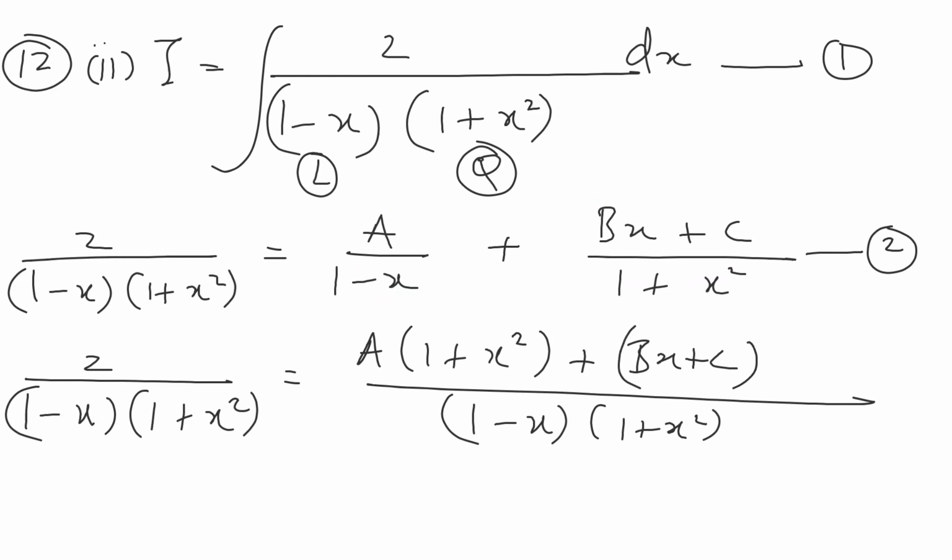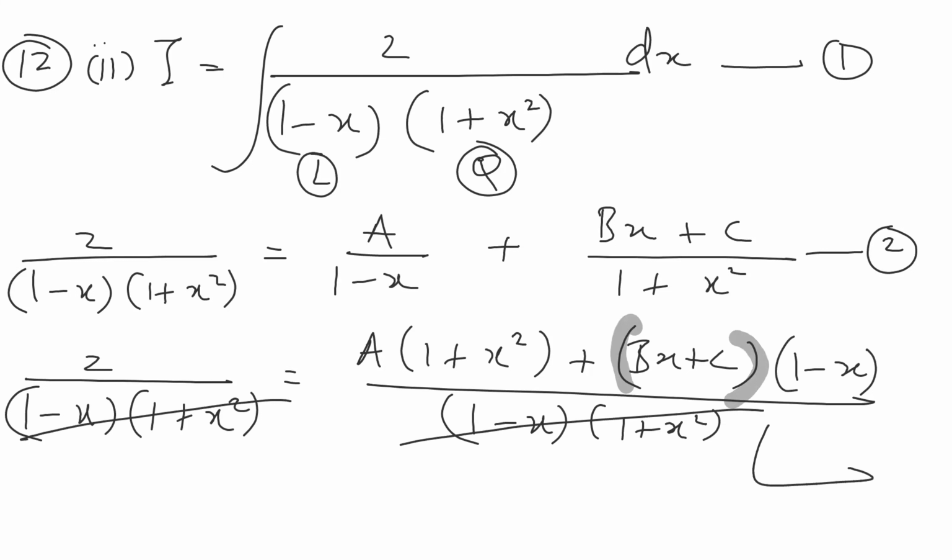Now put this bx plus c within the bracket. It's very important. If you don't put this bracket, calculation wise, many things will go wrong. Into 1 minus x. So cancel out the terms in the denominator. So this will be 2 over here. Equation number 3.